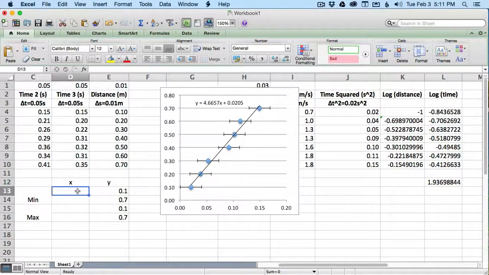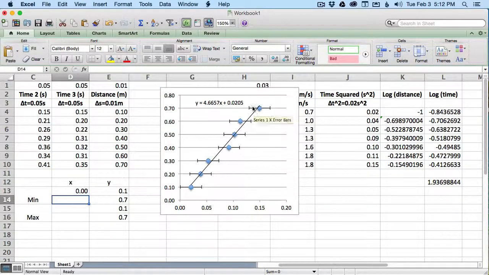Now for the x value. I'm going to go ahead and say the x value for the 0.1 is 0.02. Of course, if I subtract 0.02 for the minimum slope, remember the minimum slope is from here to here, I'll have an x value of 0 for that.